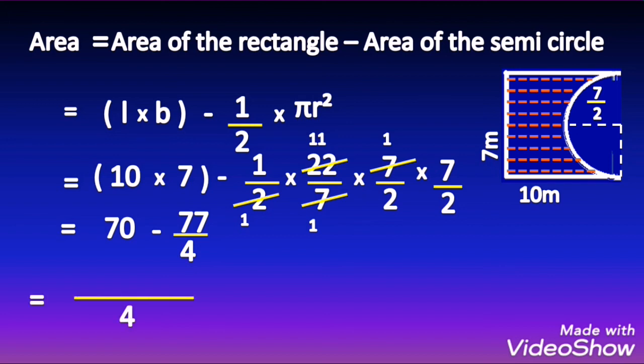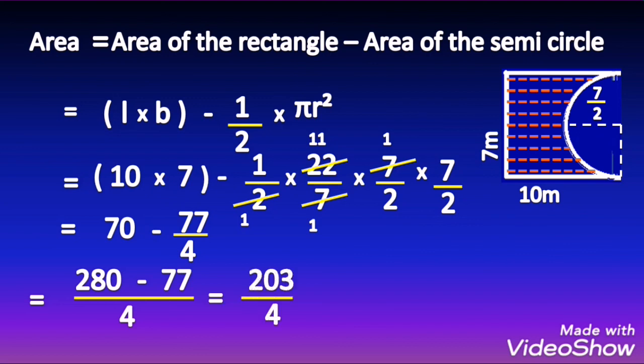Now let us subtract 70 minus 77 by 4. Here the LCM is 4. 70 can be written as 70 by 1, so 1 fours are 4. So multiply 70 by 4, you will be getting 280, minus 77. Now subtract.